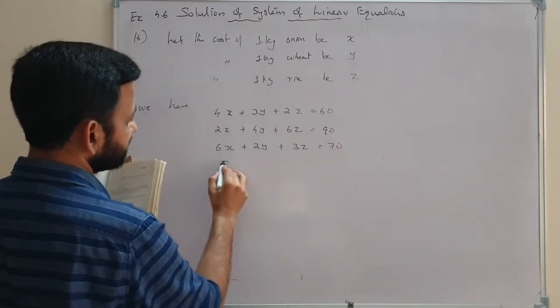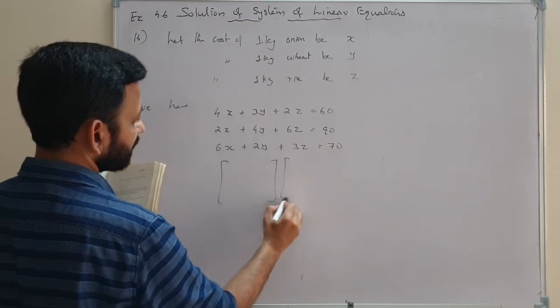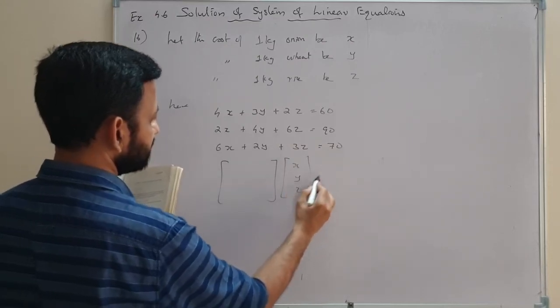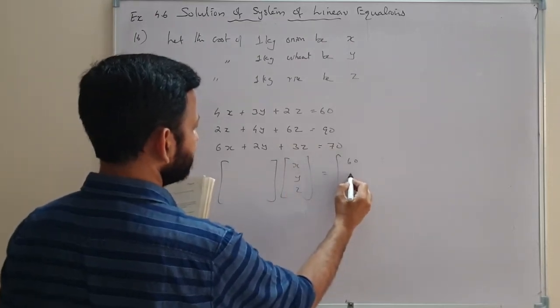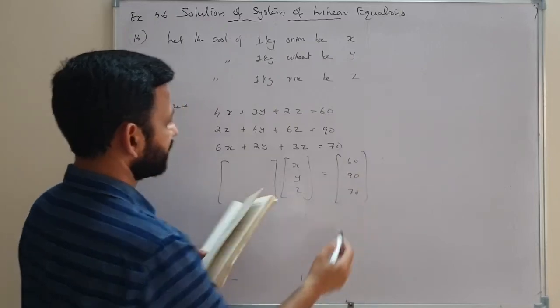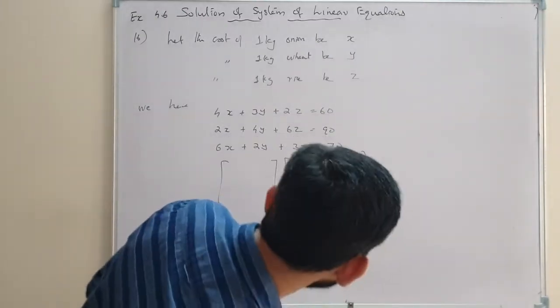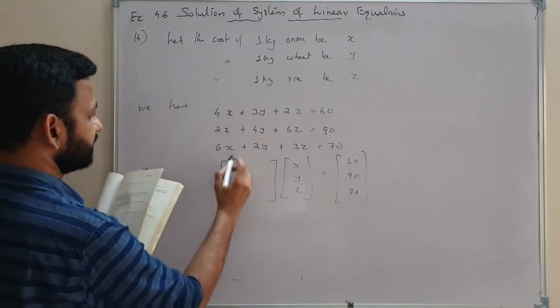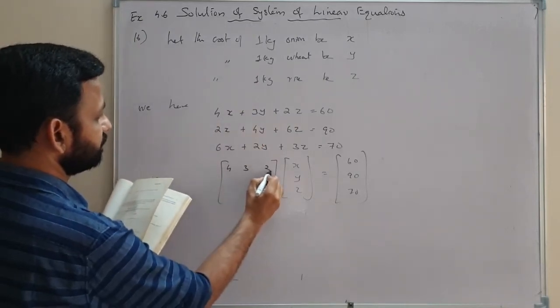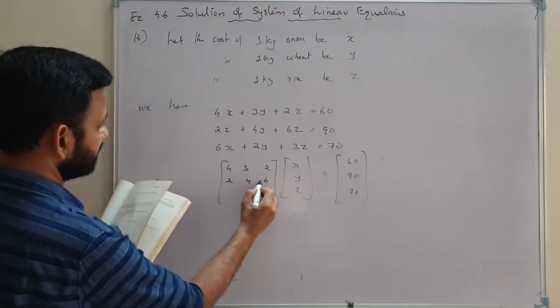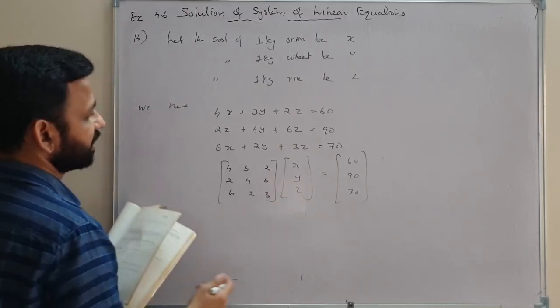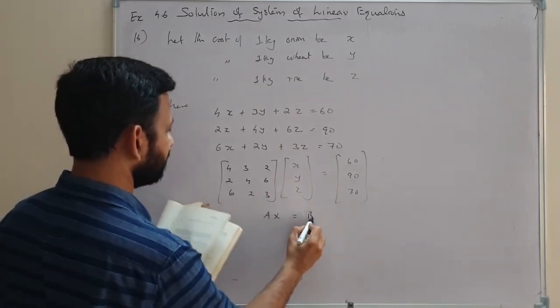Then the corresponding matrix equation we will write: x, y, z equal to 60, 90, 70. Here the coefficients are 4, 3, 2, 2, 4, 6, 6, 2, 3. So that is in the form of Ax is equal to B.